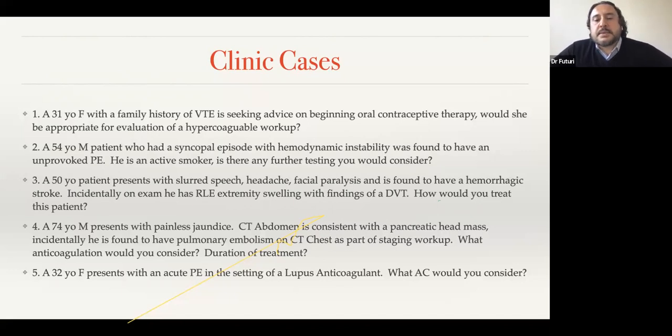So he has painless jaundice with a pancreatic mass, likely indicating pancreatic cancer, which is a significant risk for thromboembolic disease. This patient was placed on low molecular weight heparin, and then he was ultimately switched to the new oral agents. As we know from the studies, the new oral agents are effective.